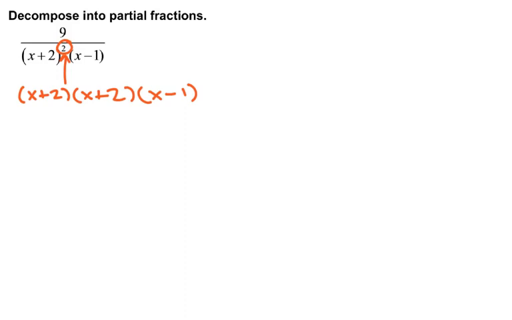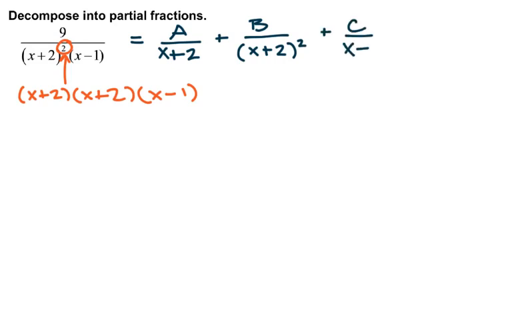So we have a special way that we write this when we've got that unique situation. When we write it as a sum of partial fractions, I'm going to say a over x plus 2, plus b over x plus 2 squared, plus c over x minus 1.